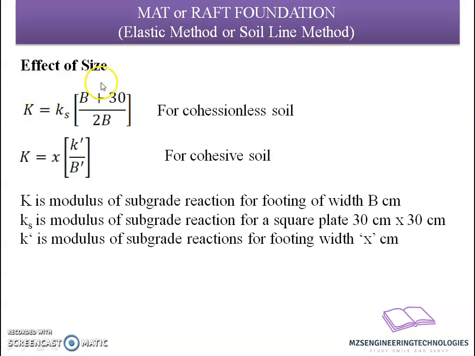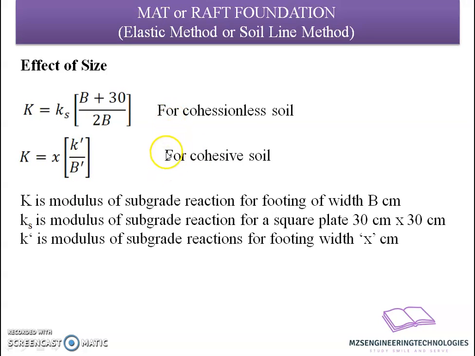As I said, there will be an effect of the size on the K value also. So let us say K is the modified value and Ks is the subgrade value at that particular portion. To account for the correction factor related to the plate, an empirical relation has been suggested here: (B + 30) divided by 2B, where B is the width of the footing, and here K is equal to K dash times X by B dash.